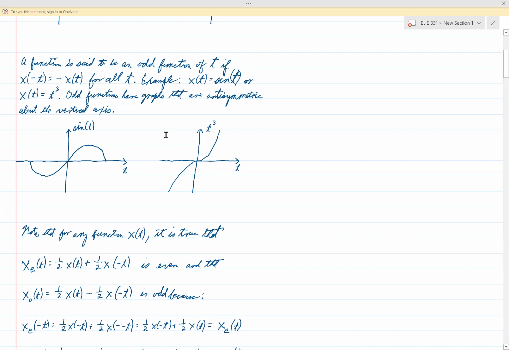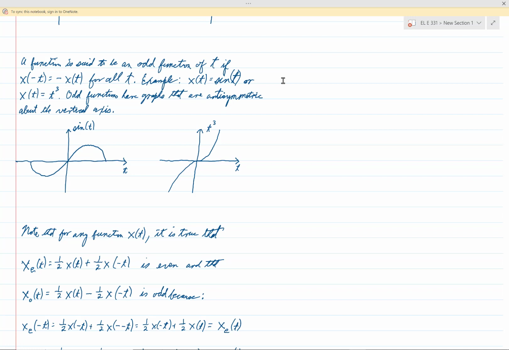And we have easy examples of odd functions as well. For instance, x of t is equal to sine t is an odd function because sine of negative t is the negative sine of t.